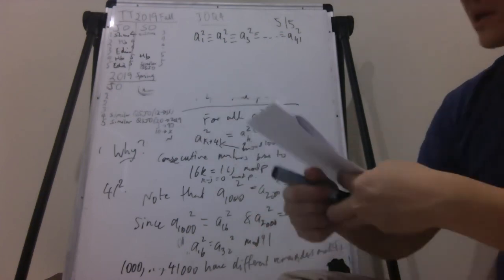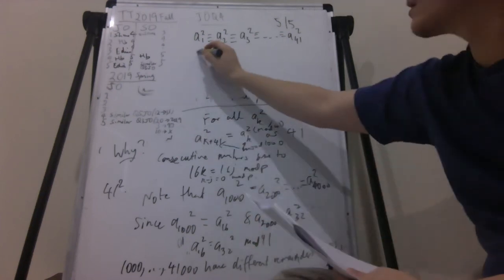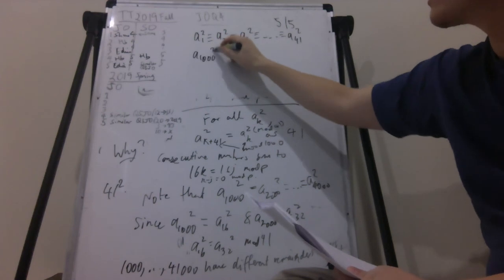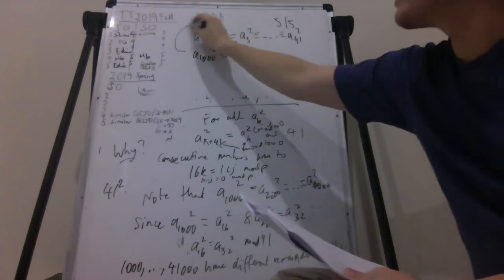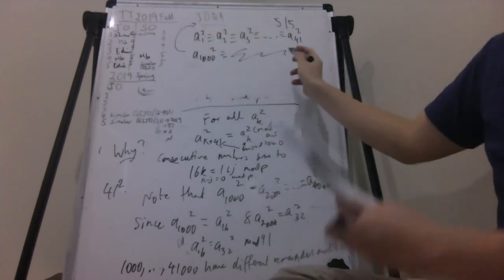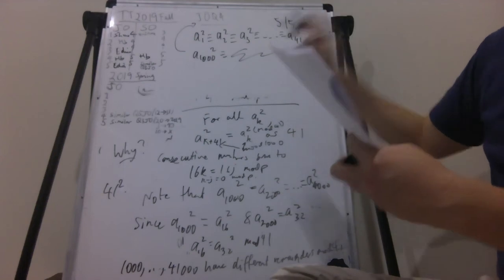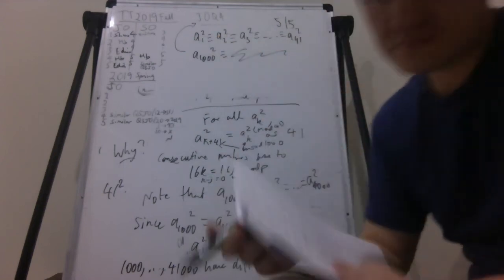So this means that a 1,000 squared equals, so this came up here, and all this stuff was crossed out, and then this line followed, yeah? Mm-hmm.